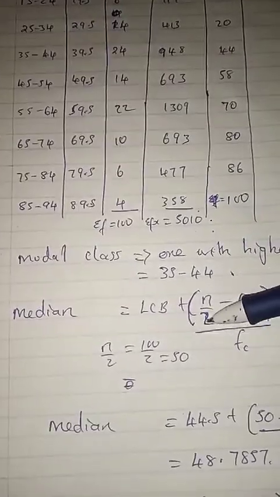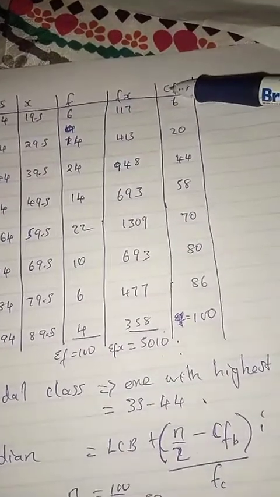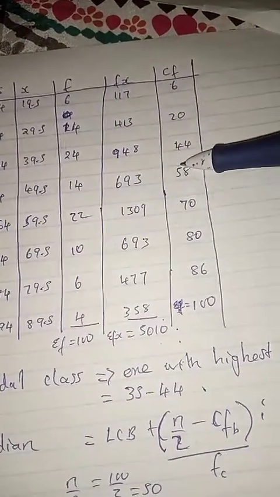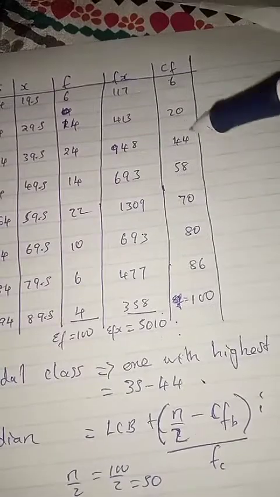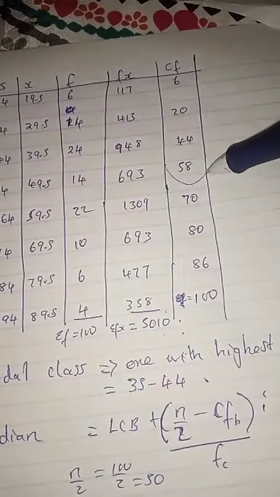Using that 50 will also give us the lower class boundary. Having that 50, you come to the column of cumulative frequencies. So that 50 lies in between here. It is above 40 but below 70. That means it's inside here.